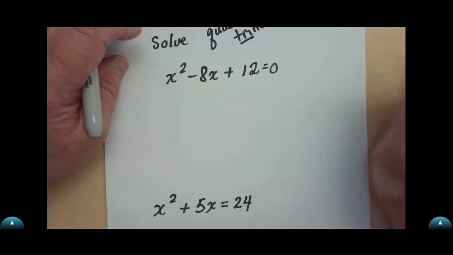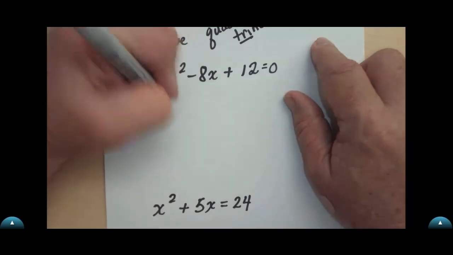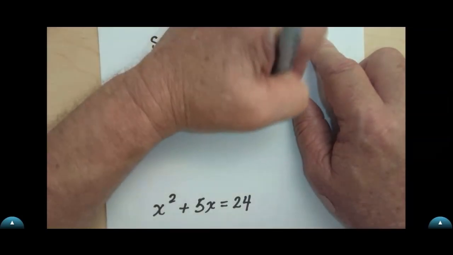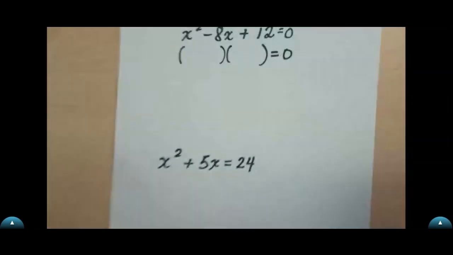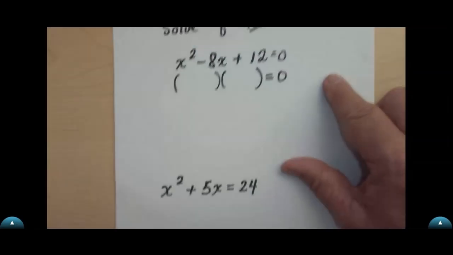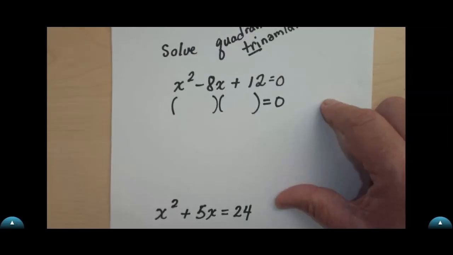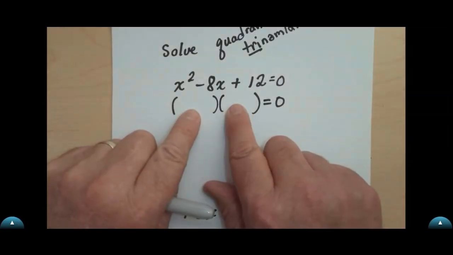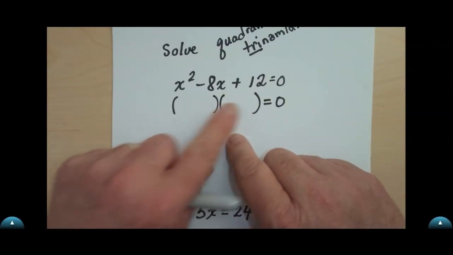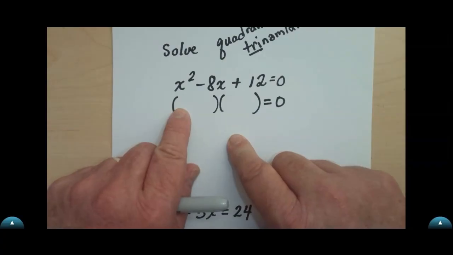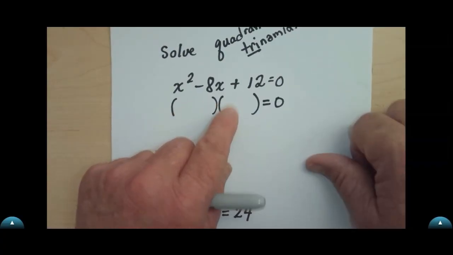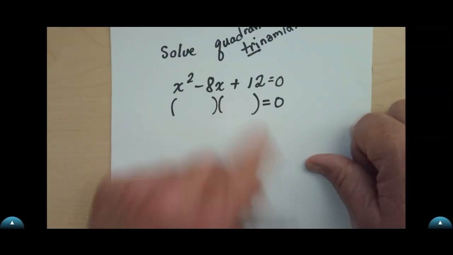It turns out that if a quadratic trinomial can be factored, and not all of them can, which is why we'll later need the quadratic formula, it always factors as 2 first-degree binomials. In other words, each of these factors will have a first-degree x term and a constant term. And this one will have a first-degree x term and a constant term.